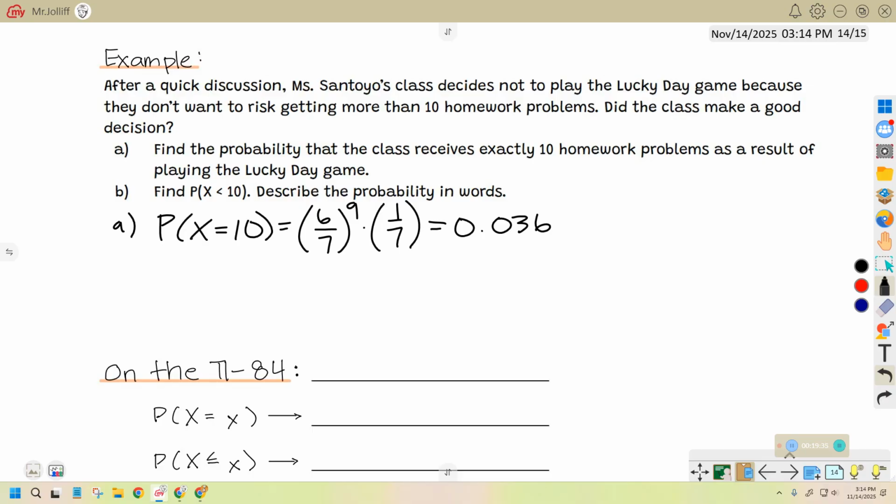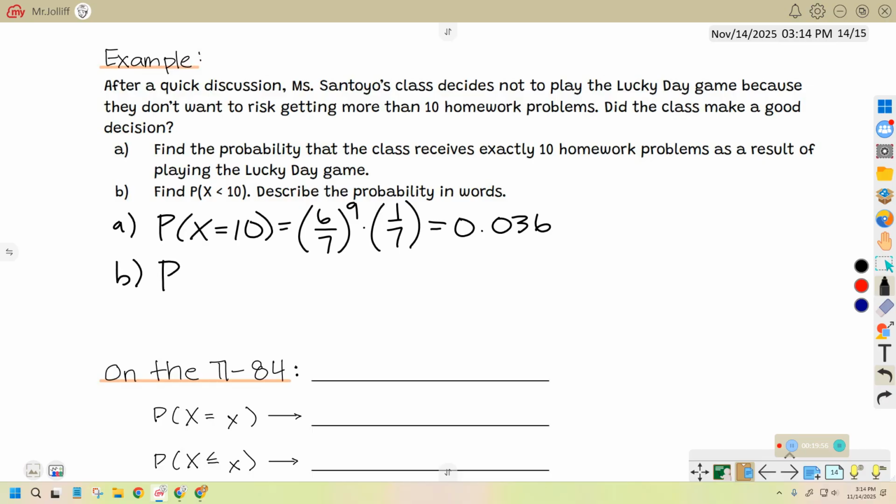So the probability that I got the first guess on the 10th trial is only like 3.6%. But really that doesn't answer our question. Our question is, what is the probability that Mr. Santoyo's class had less than the 10 problems he originally planned to assign?